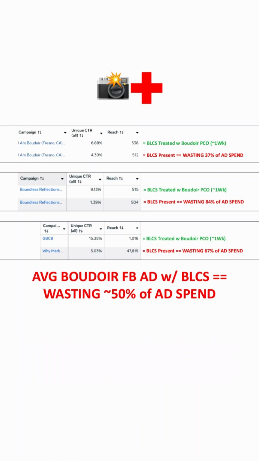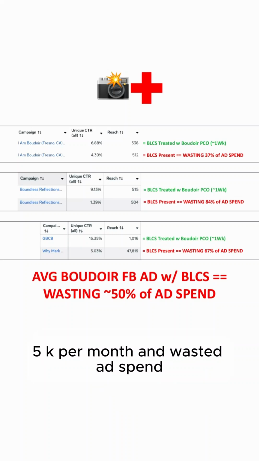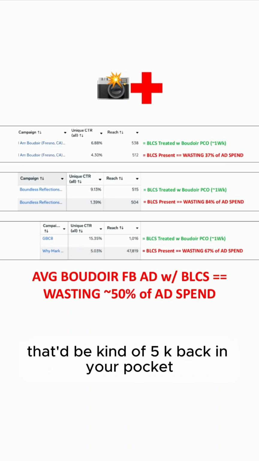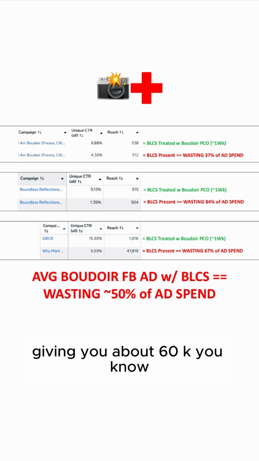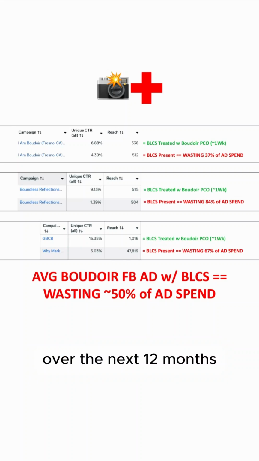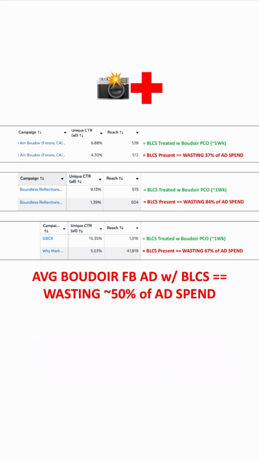And you're seeing that, on average, we can eliminate approximately 5K per month in wasted ad spend. That'd be 5K back in your pocket that's not being wasted to the Zuck, giving you about 60K over the next 12 months, approximately, back in your pocket, not being wasted.